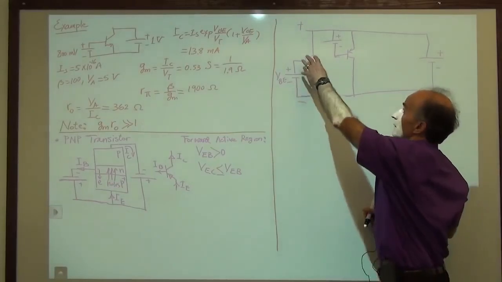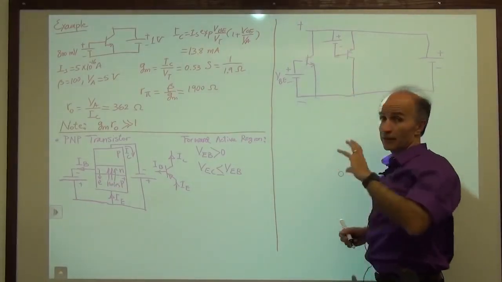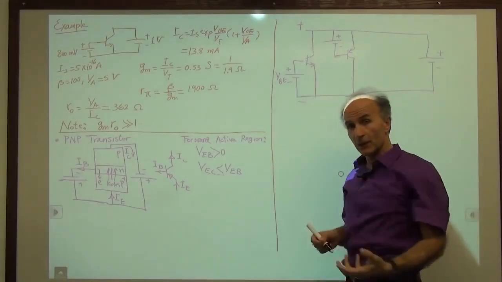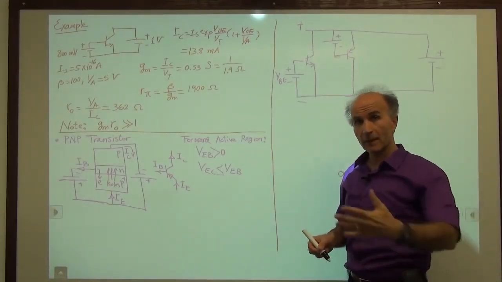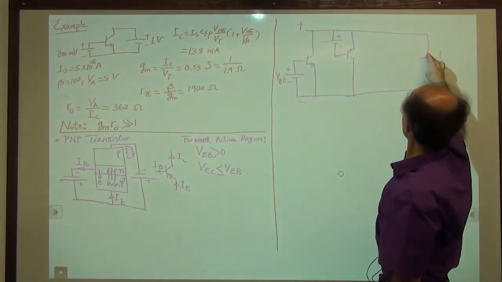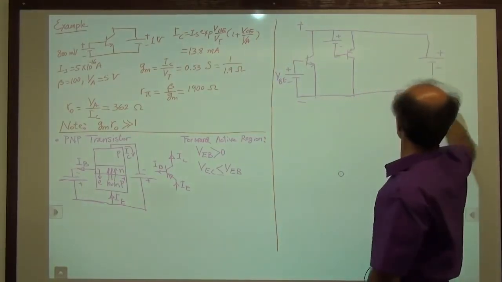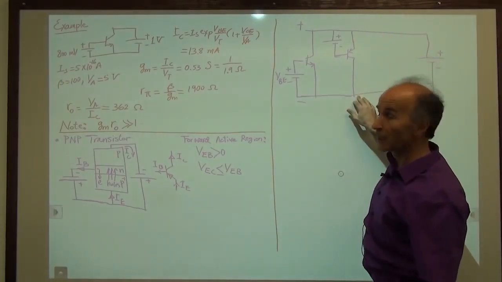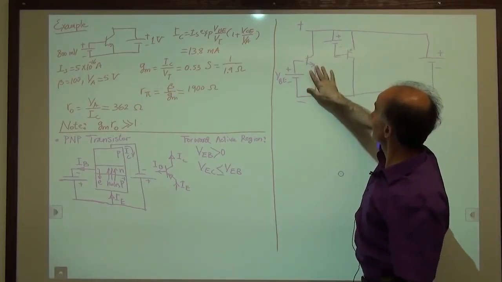So this type of visualization of these two devices is extremely helpful especially when we combine these two in the same circuit. We have some NPN devices, some PNP devices. We have one positive supply and one negative supply, or we have one battery connected to the positive supply and negative supply. So we want to make sure that we don't get confused.